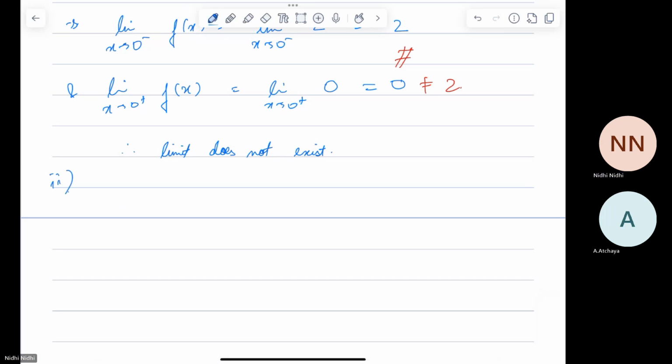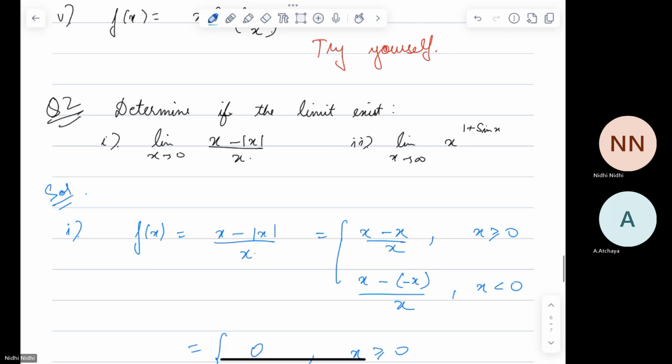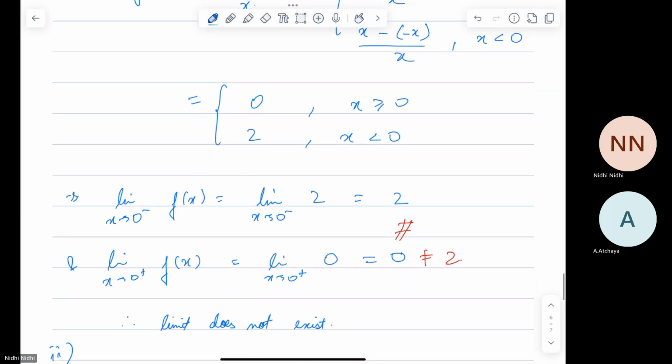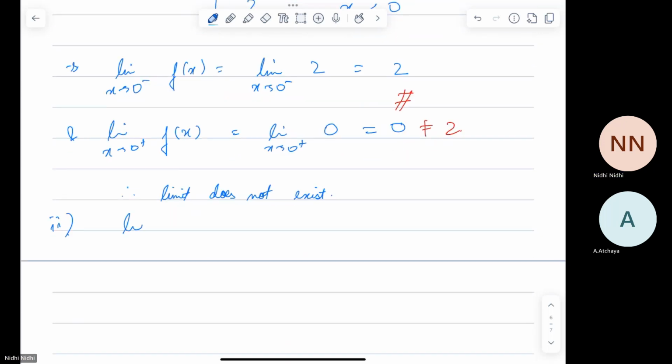Then we have f(x) equals x to the power 1 plus sine x. We have limit x tending to infinity x to the power 1 plus sine x. When one is looking at x tending to infinity, again the sequential criteria will be the same. The sequential criteria will say that whenever xn is a sequence which is diverging, we call it a divergent sequence.